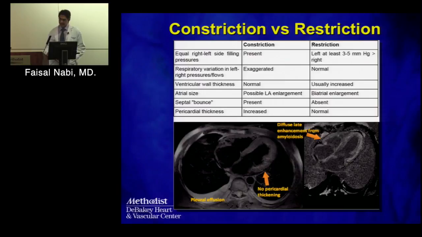A lot of the findings that you see, the biatrial enlargement, the small ventricles, here in this particular case could all be explained by restrictive myocardium rather than a constrictive physiology. And so with one test, cardiac MRI, you are evaluating both the pericardium as well as the myocardium.